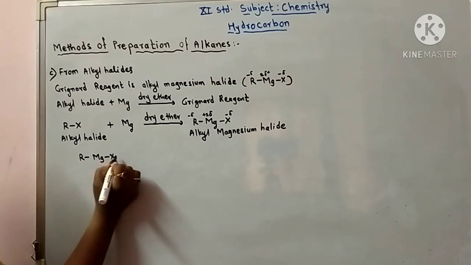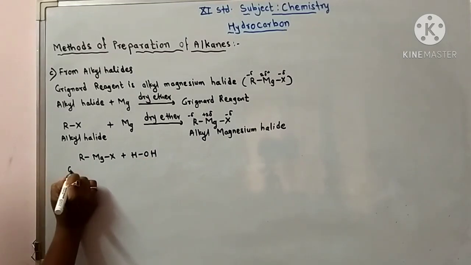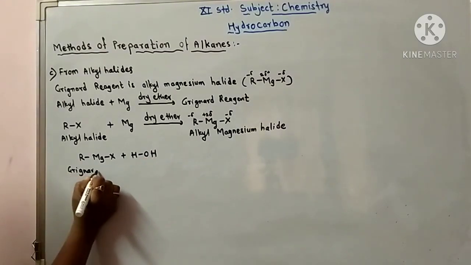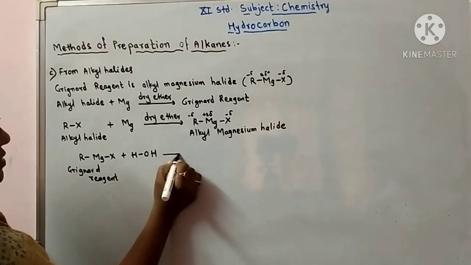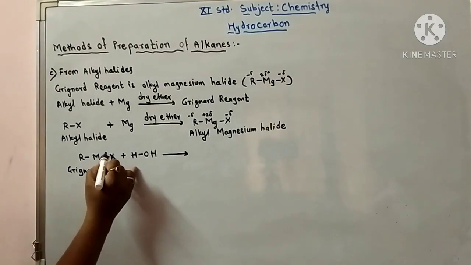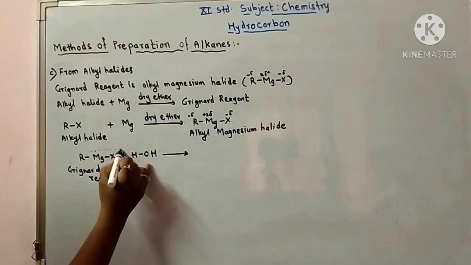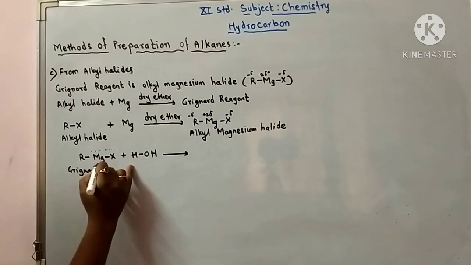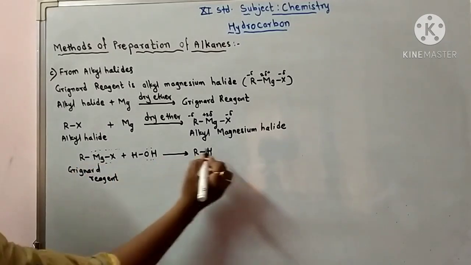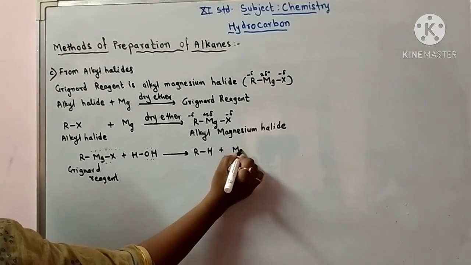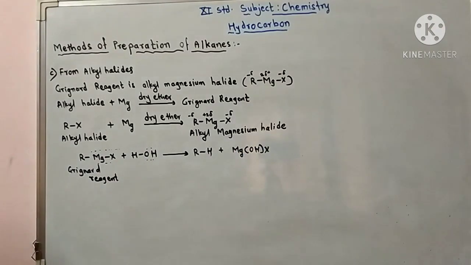So Grignard reagent, RMgX, on treatment with water, H2O, gets converted to alkane. In this, the alkane is obtained from this part and the OH part. So here we get RH plus MgOHX, magnesium hydroxyhalide.